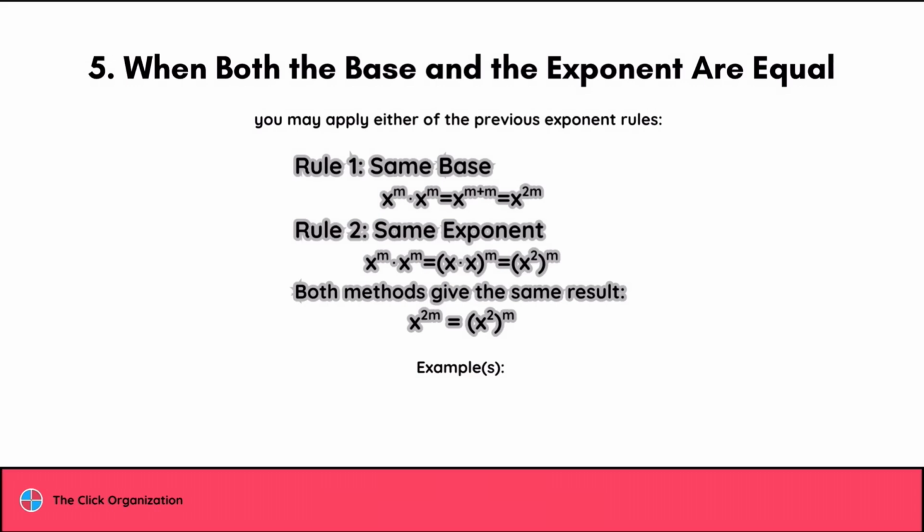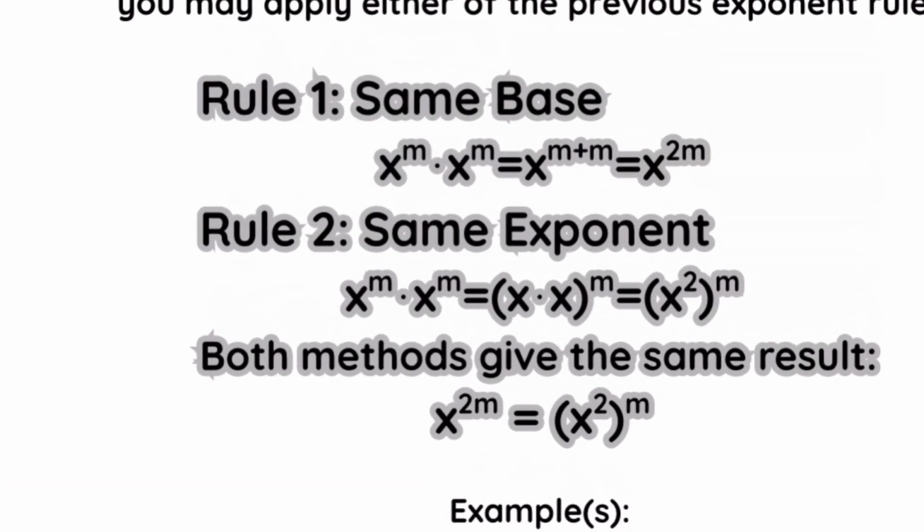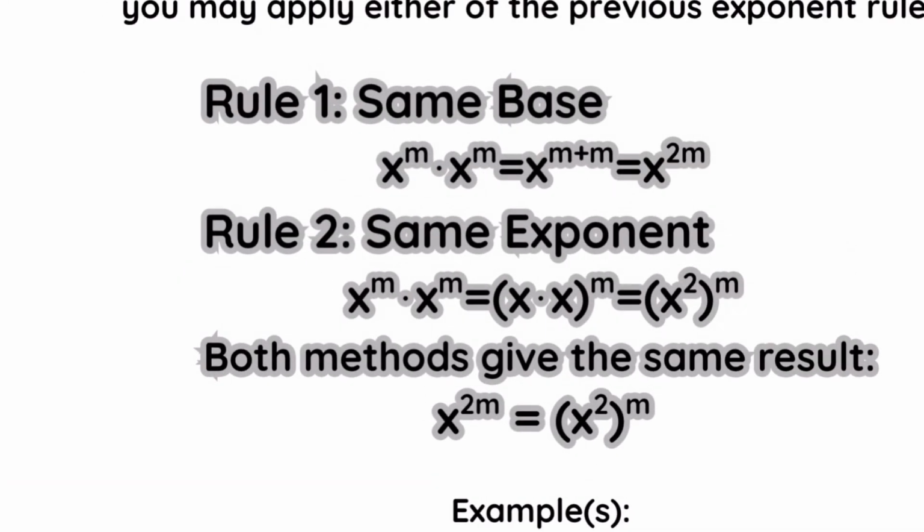If both the base and the exponent are equal though, at that time we can apply any of the rules. Rule 1 talked about the same base, we can add the exponents, right? And rule 2 talked about the same exponent. At that time, we are going to multiply the bases.